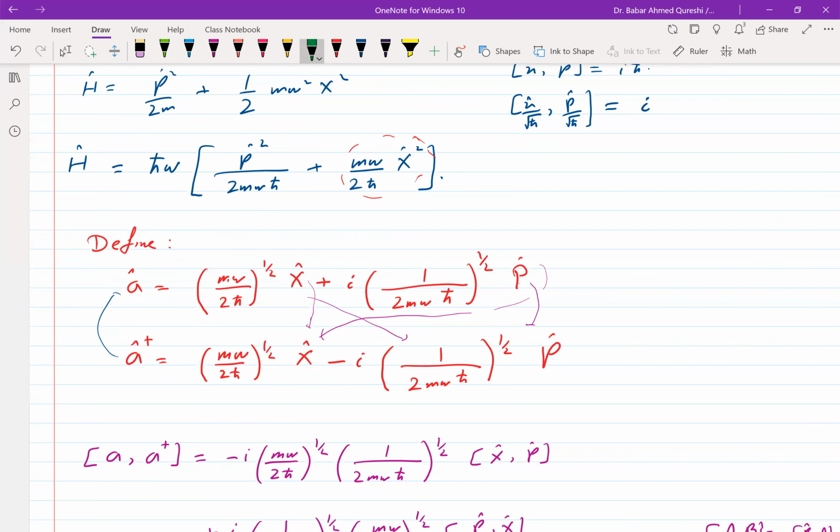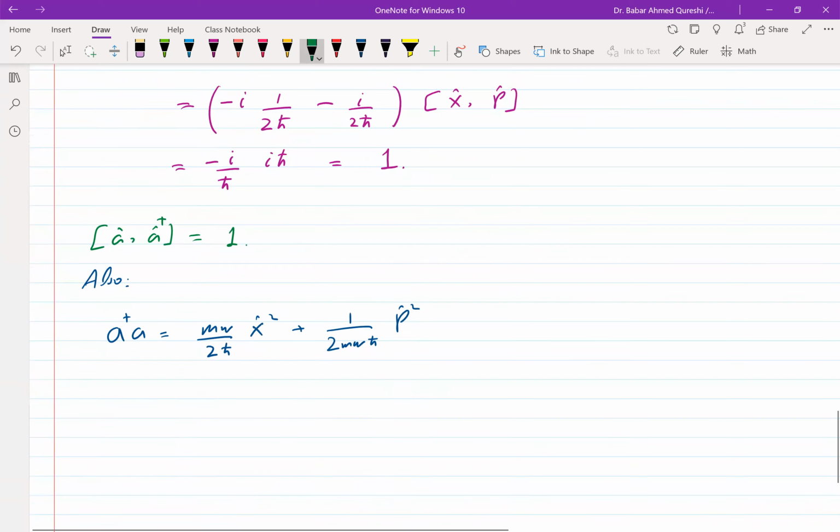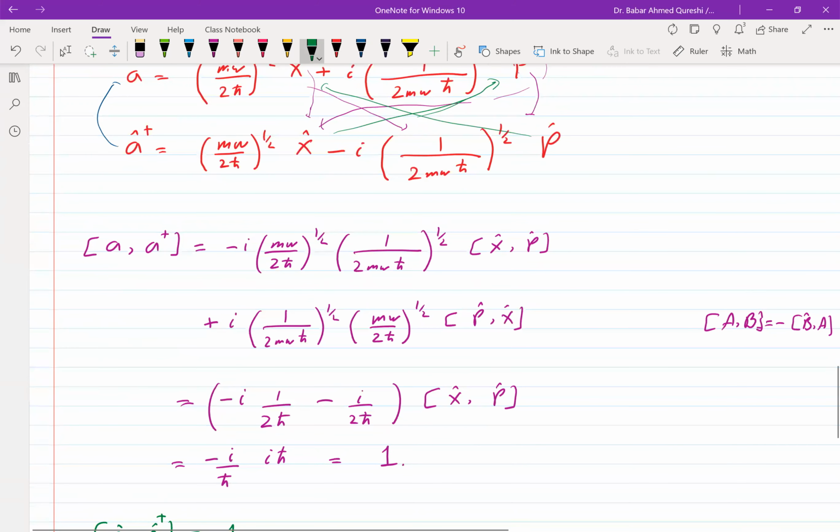This guy, because it's A dagger A, x hat p hat multiplies this, and then I get the same term but with a negative sign, p hat multiplying with x hat. So I get, well, let me see, what was it?